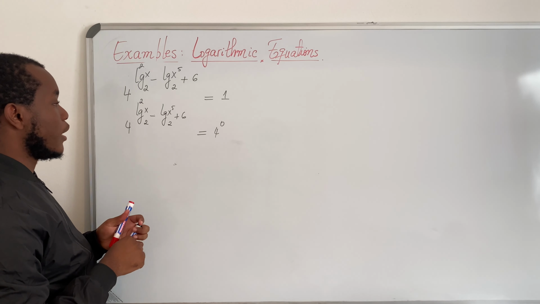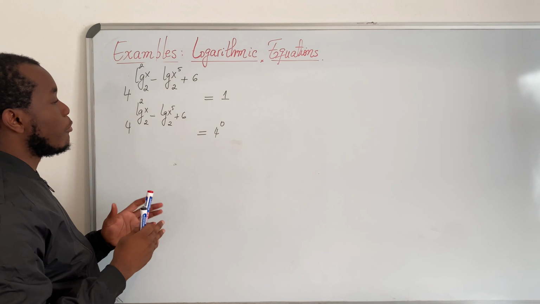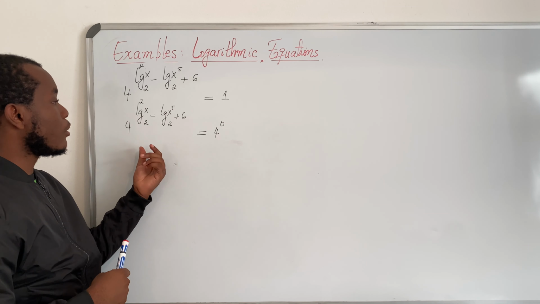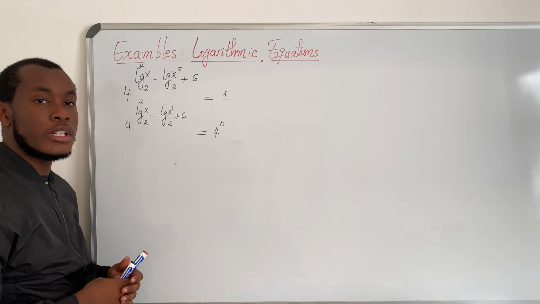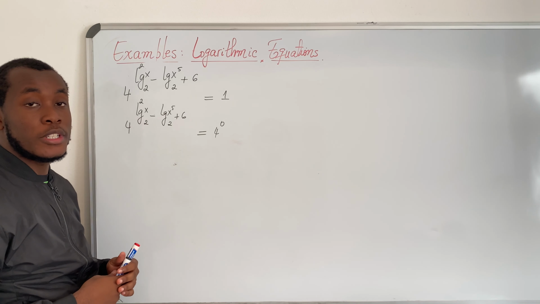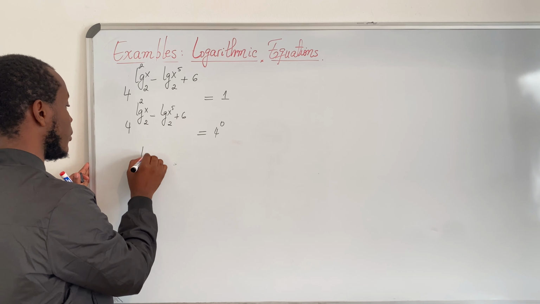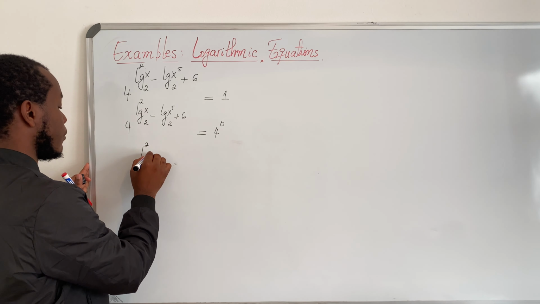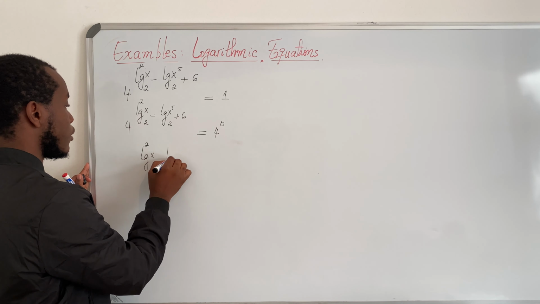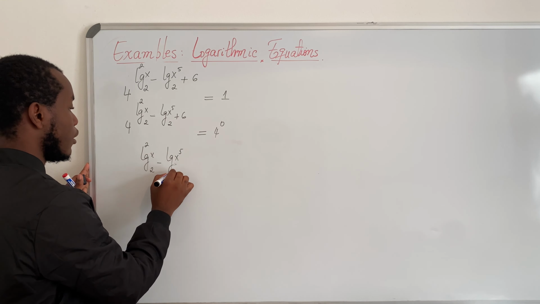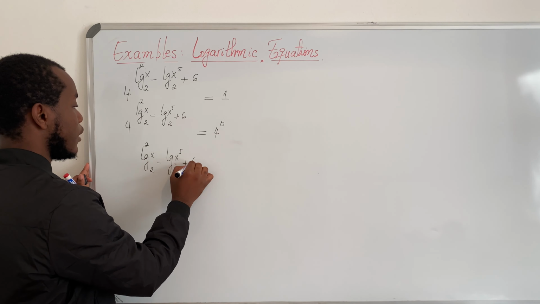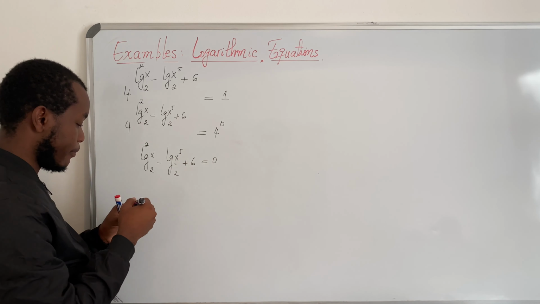Now the rule says when we are dealing with powers, if the bases are already equal, then what is missing is equating the exponents. So the exponents will be log square of x to the base 2 minus log of x to the power 5 to the base 2 plus 6 equal to 0.